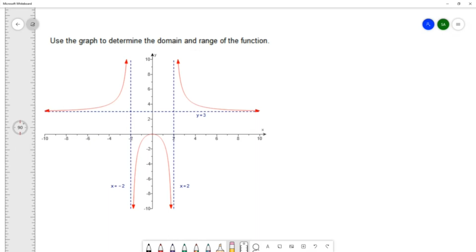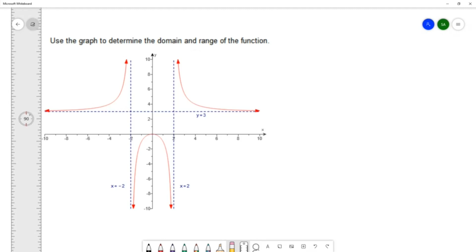So let's start doing that here. Because of this arrow that we see here, as I said a moment ago, that means that the pattern continues. This graph continues off screen to continue to move down and left, getting closer and closer to that dashed line. And so that indicates to me that the domain is going to start at negative infinity.